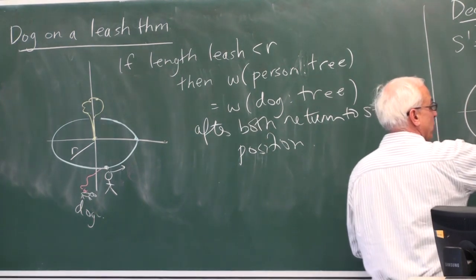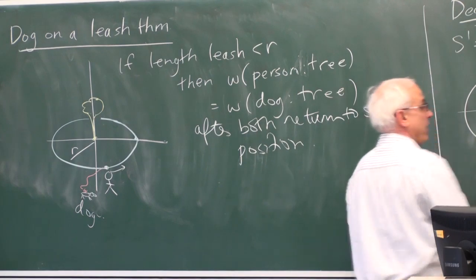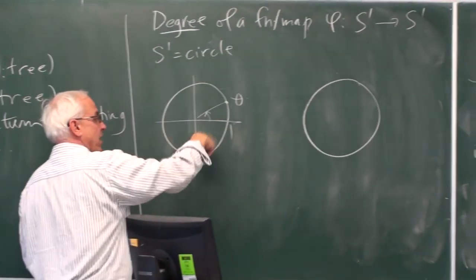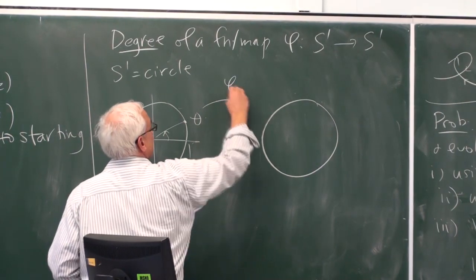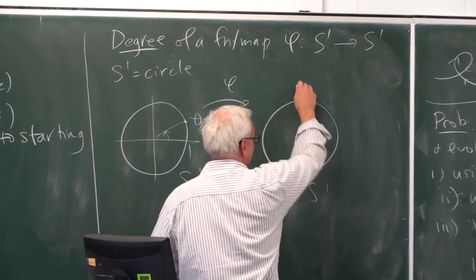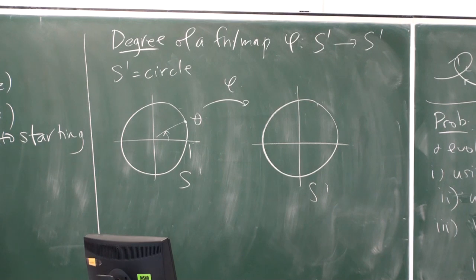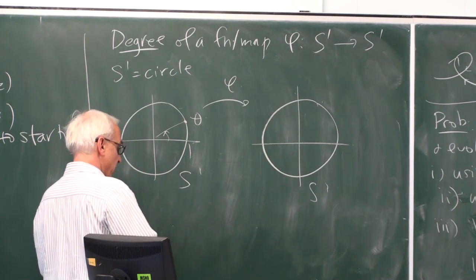So maybe it's the unit circle parameterized, say, by theta, the usual way. As you're going once around the circle, you've got this function phi, and you're mapping to another, or perhaps the same circle, it doesn't matter. So the image of the circle over here is going to be some curve that starts and ends in the same place over here.